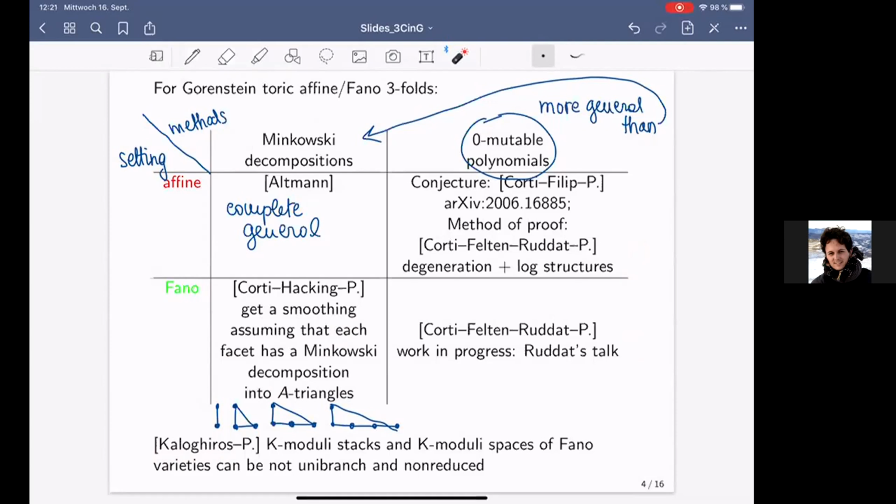And so this gives the first examples of points in the K-moduli stacks and K-moduli spaces which are singular. So these K-moduli stacks and K-moduli spaces have been recently constructed. These are probably the correct way of studying moduli of Fanos.